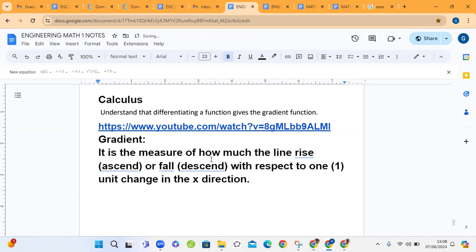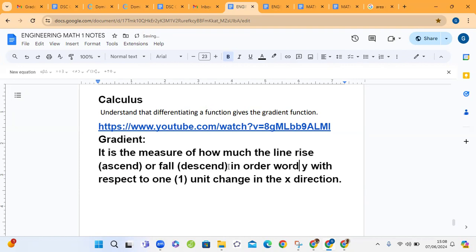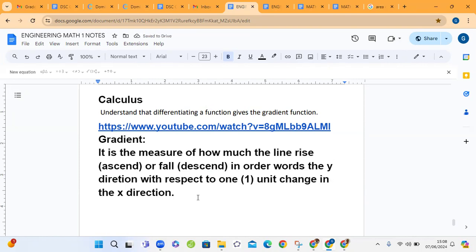Now the rise or fall or ascend or descend, that is in the y direction, with respect to the x direction.